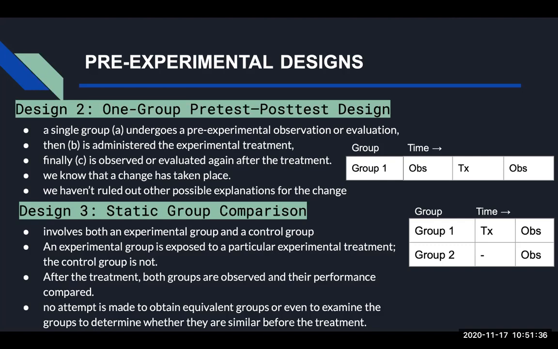After the treatment, both groups are observed and their performance is compared. In this design, however, no attempt is made to obtain equivalent groups or even to examine the groups to determine whether they were similar before the treatment. We have no way of knowing if the treatment actually causes an observed difference between the groups.